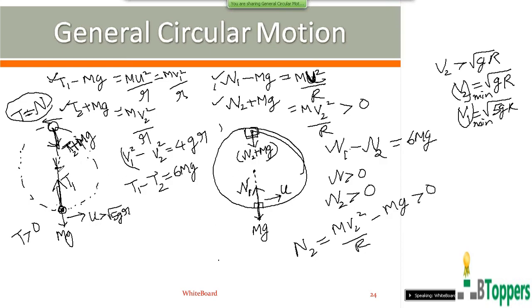As I discussed just before this, at the instant when the string is horizontal, the magnitude of tension in the string is given by mv square by r for the bob of the simple pendulum. Similarly, in this case, at the instant when the block reaches one end of the horizontal diameter of the circular track, the magnitude of the normal reaction on the block, which I denote by N3, is equal to mv square by r.